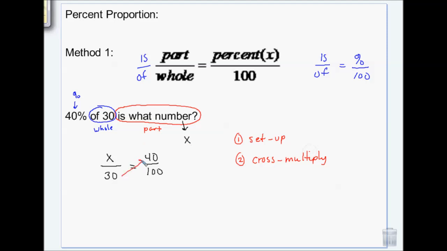So I'm going to multiply 30 times 40 and x times 100. Then I'm going to divide. So 12 is 40% of 30.